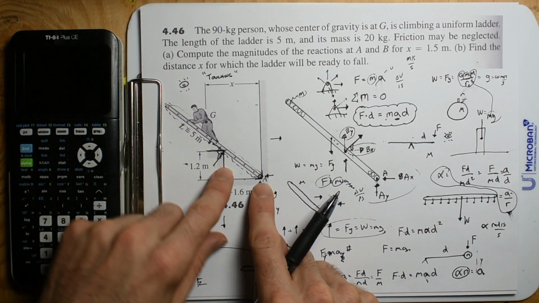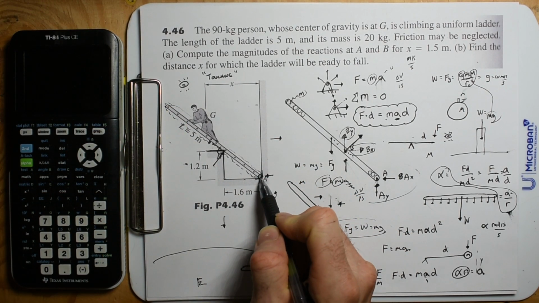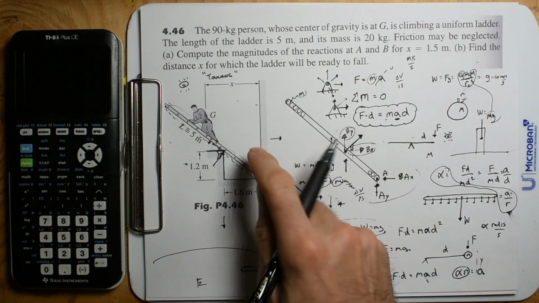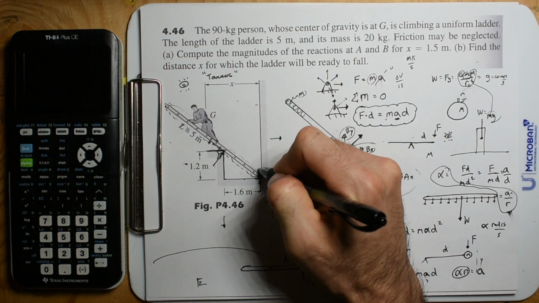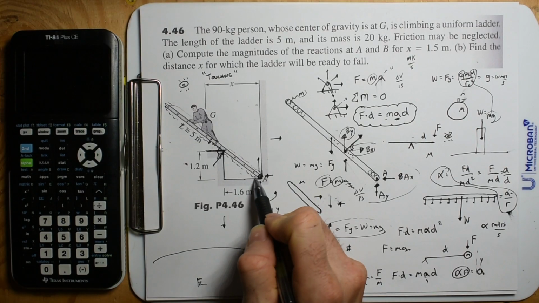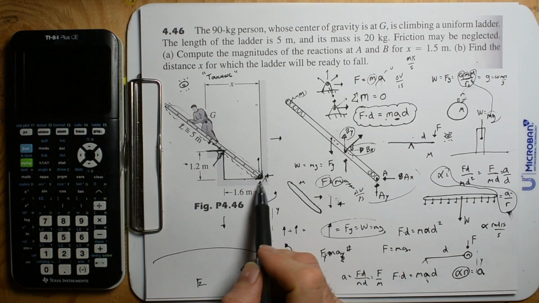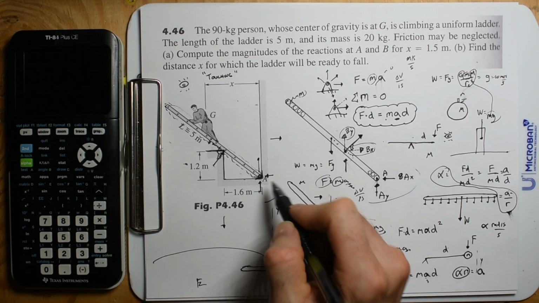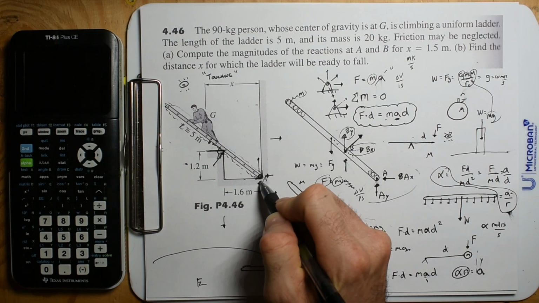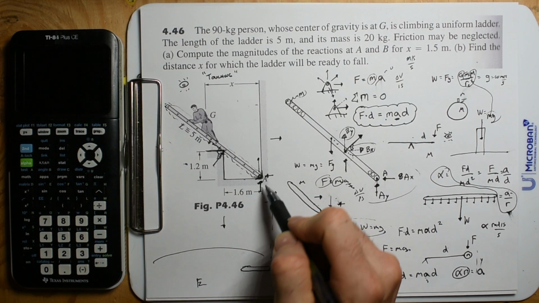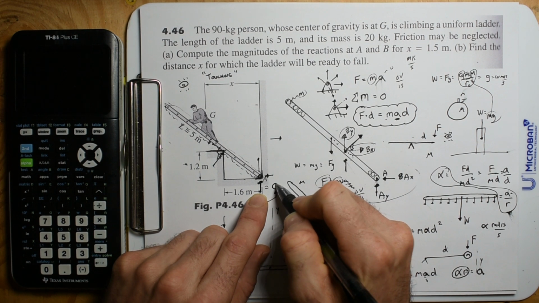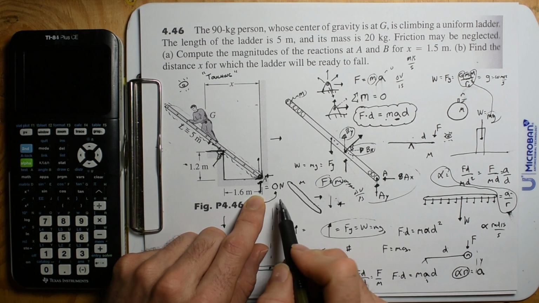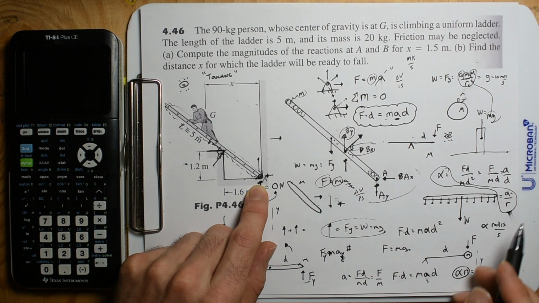So in this case, the something happens is like, hey, when this ladder falls, this point A, or this part of the ladder kicks up, and you're going to have an air gap underneath the floor. So this problem basically says like, hey, this reaction right here, that's going to be 0. You're going to have 0 force, 0 newtons right there.